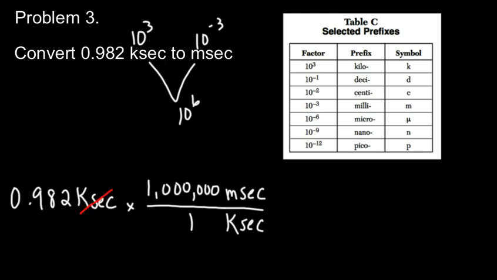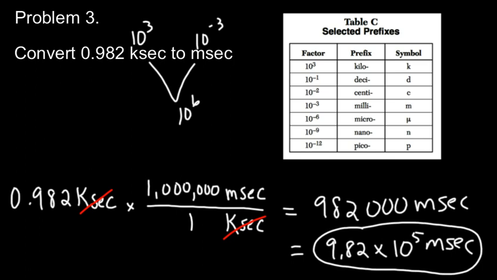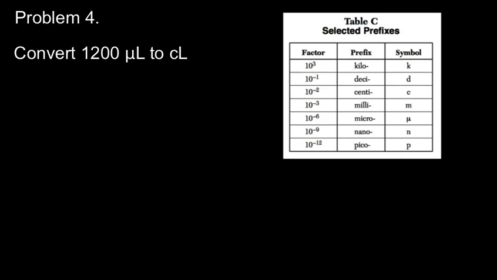In your calculator, the kiloseconds will cancel out. 0.982 times 1 million gives us 982,000 milliseconds, or in scientific notation, 9.82 times 10 to the 5th milliseconds. All right, one more problem and then we'll be done.